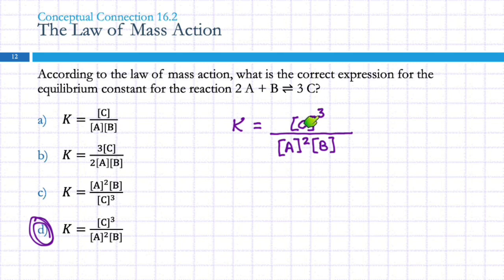This idea of raising the concentration to the exponent is the same as what we saw in writing rate laws for elementary steps, right? And so it's just this really nice pattern that we can follow. Products over reactants, the coefficients become the exponents. Any questions?